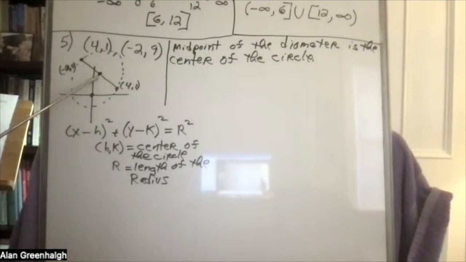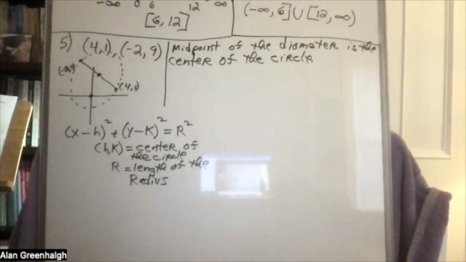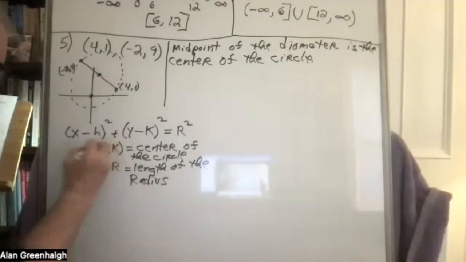If we could find that, that will tell us the center of the circle, which will permit us to know what h and k are equal to. And that's half the problem. Half the problem is finding the center of the circle.